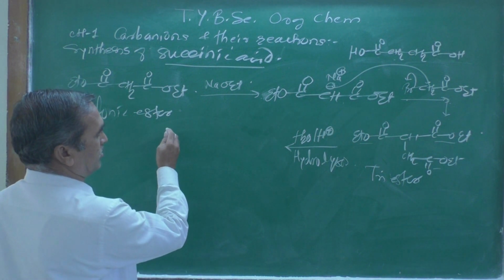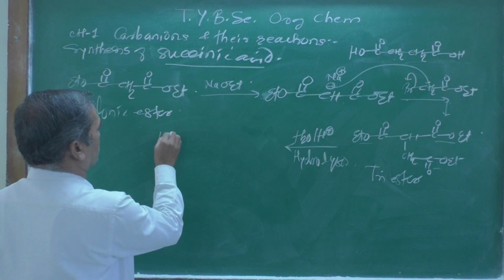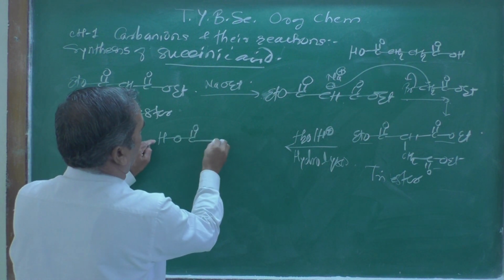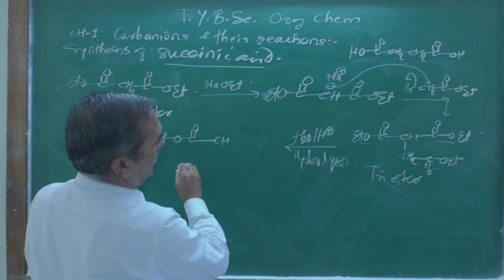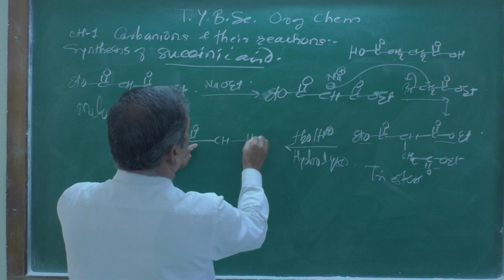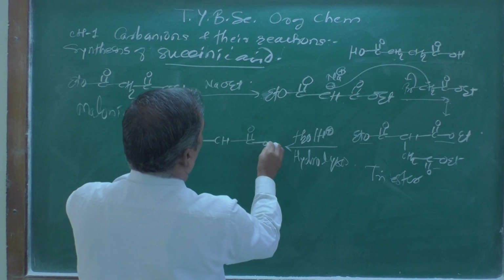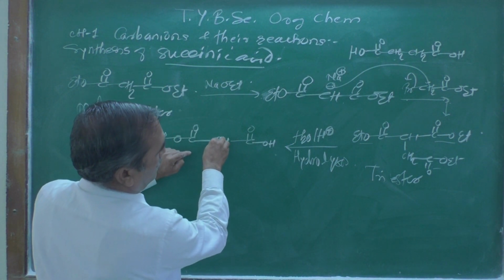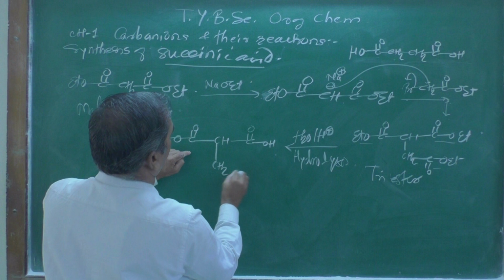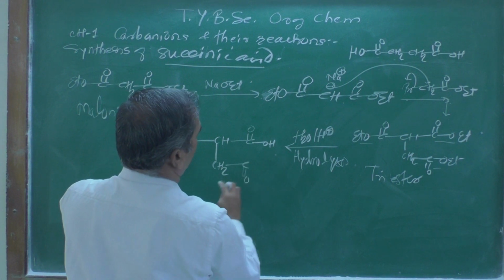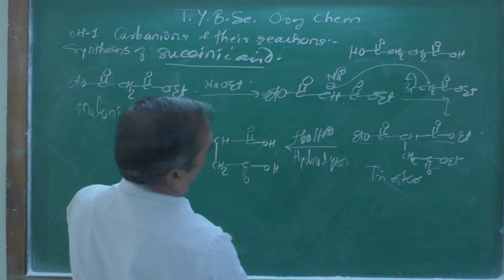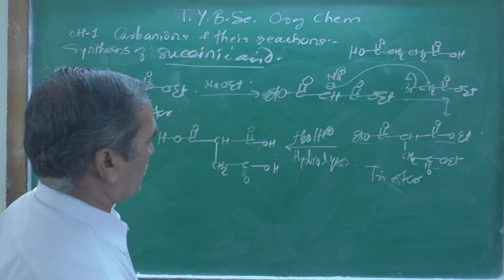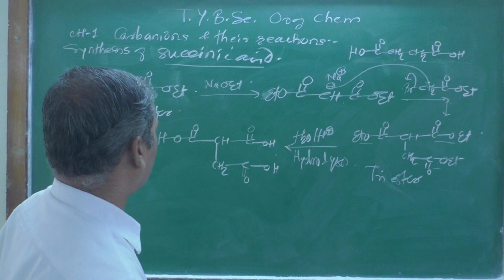Let me write those acids here: HO, C double bond O, then CH, then C double bond O, OH, and another, CH2, C double bond O and OH.